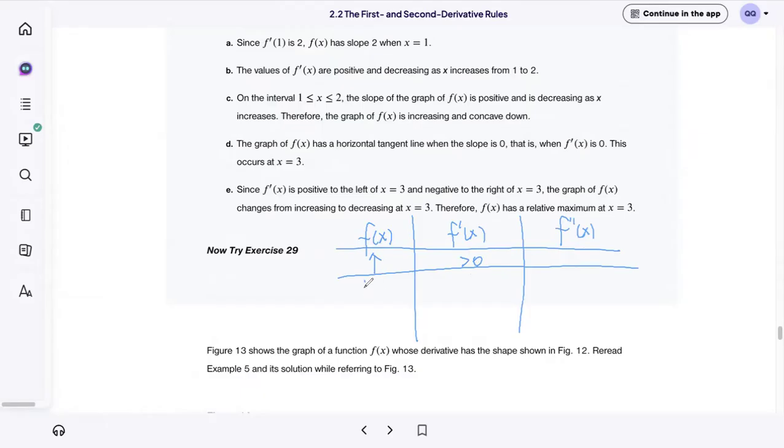If the original function decreases, we know the first derivative is less than 0. We cannot tell about the second derivative. The second derivative is told by the concave up or down, right? If it's concave up, the second derivative is positive. If it's concave down, the second derivative is negative. So that is the relation.